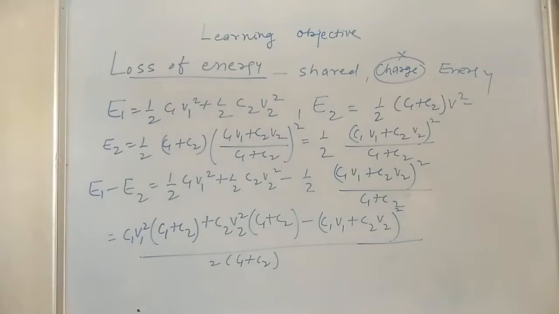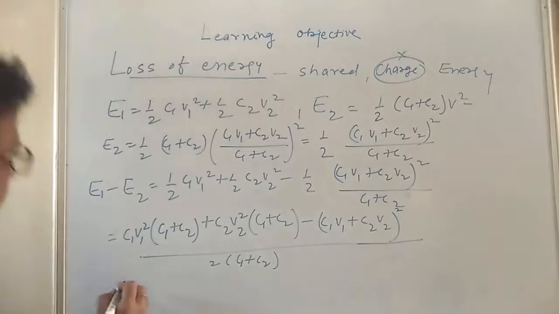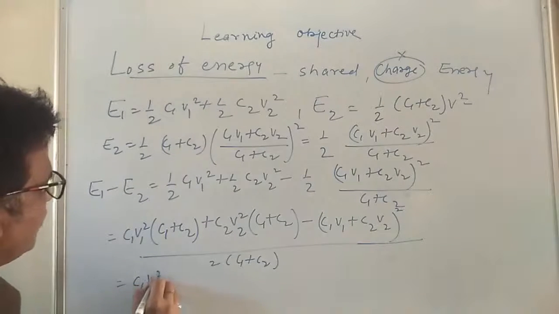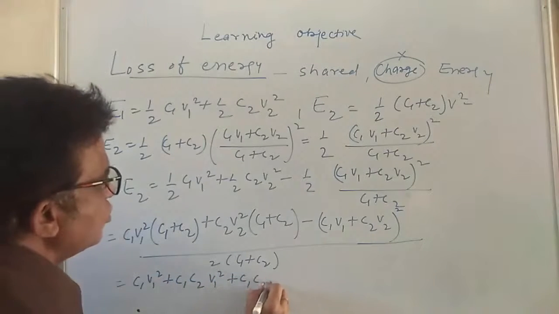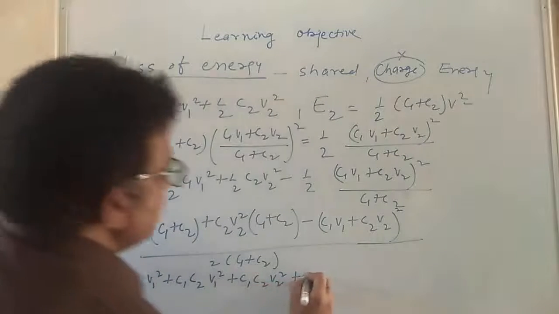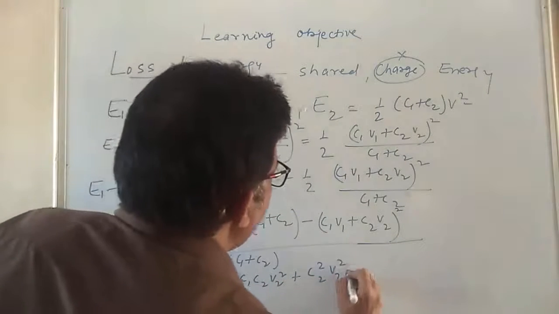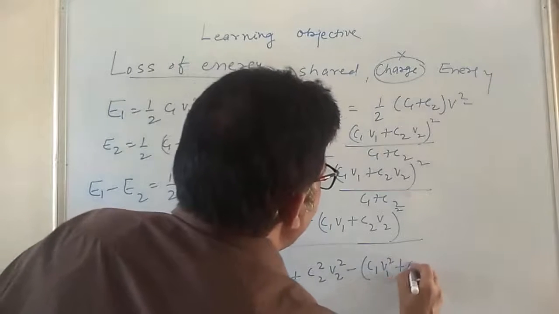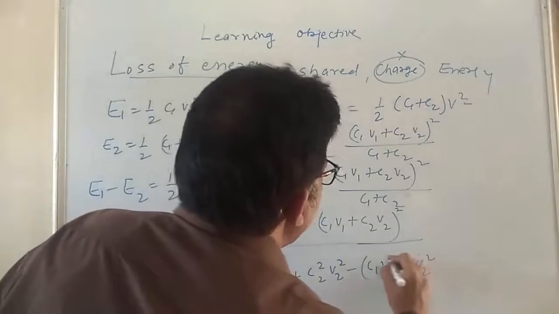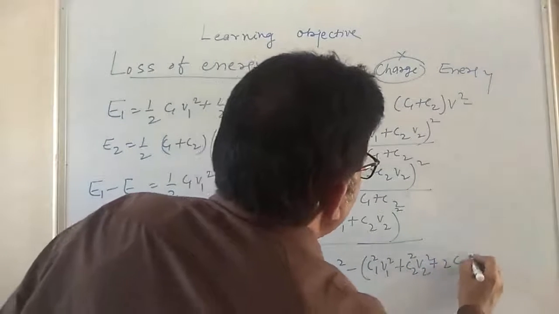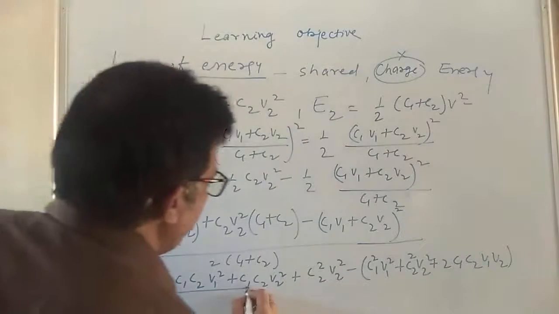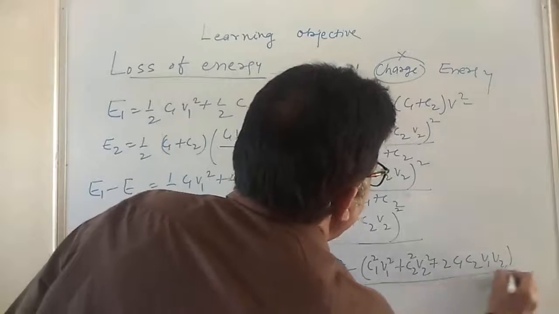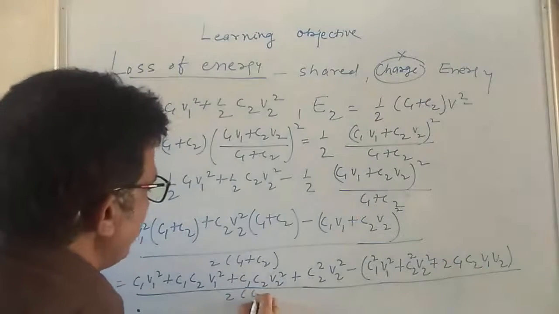What we are getting? Open it. C1 square V1 square plus C1 C2 V1 square plus C1 C2 V2 square plus C2 square V2 square minus C1 square V1 square minus C2 square V2 square minus twice of C1 C2 V1 V2, and in the denominator, that is twice into (C1 plus C2).